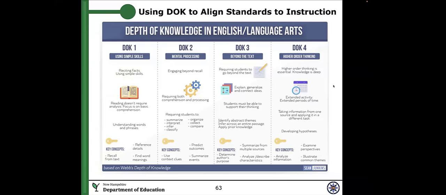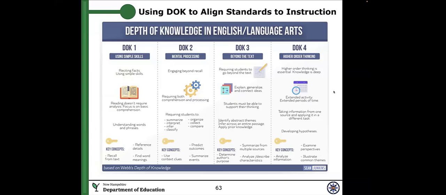Once you have to go beyond the text and explain or generalize and have connected ideas, students are at a much deeper level of knowledge because we have to pull from many different skills to produce this kind of thinking.